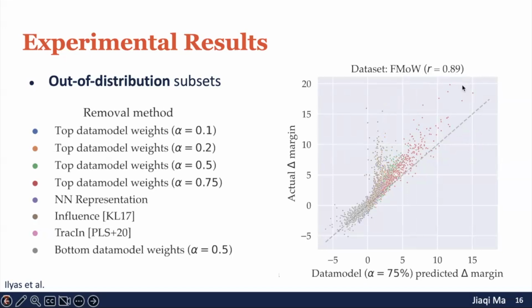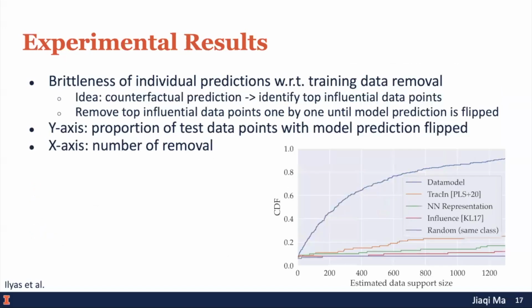So when measuring with the rank correlation, this linear data model, the linear function, generalizes pretty well in both in-distribution and out-of-distribution settings. This paper also introduced another way to evaluate the effectiveness of counterfactual prediction, called the prediction brittleness with respect to training data removal.